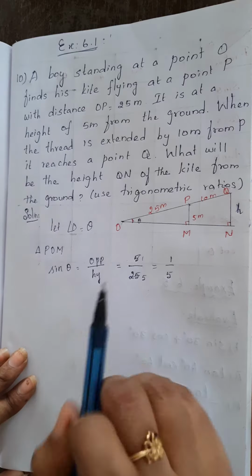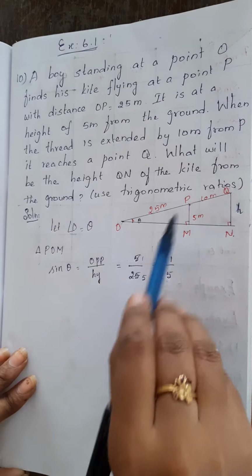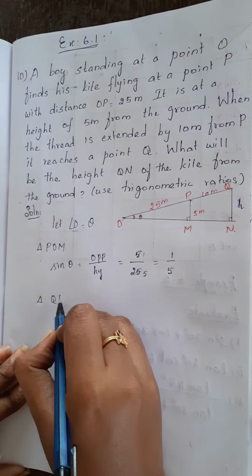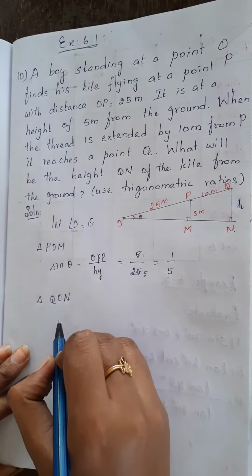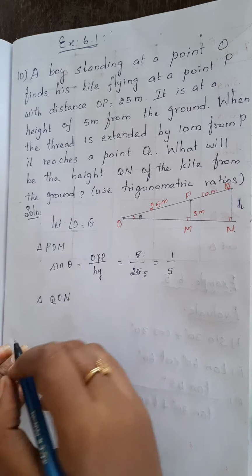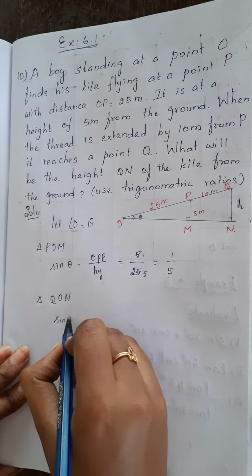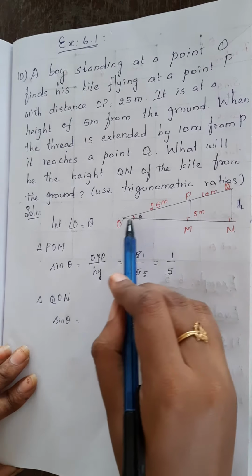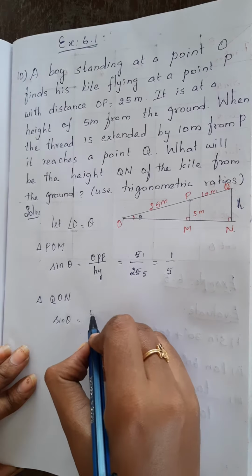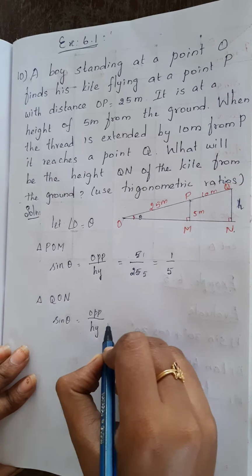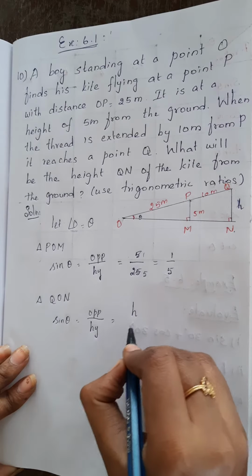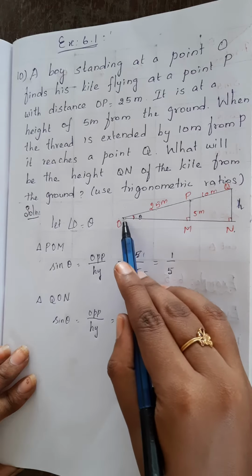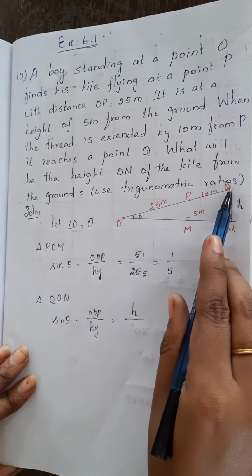Okay. Next we can take this triangle QON. From this triangle QON, again take sine theta. Sine theta equal to opposite side by hypotenuse. Opposite side is h because we are taking this triangle. Hypotenuse length: up to P 25, then up to Q again 10.